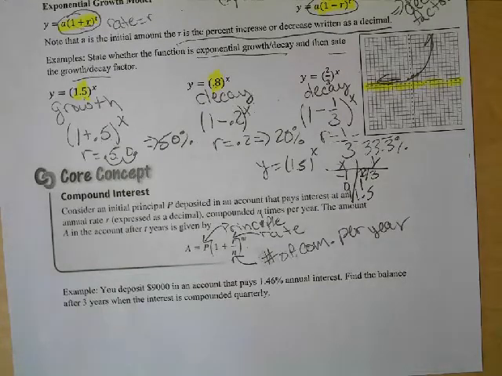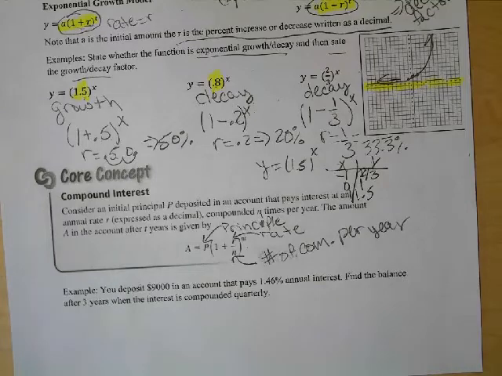So how many times a year would this be compounded? Once. This is compounded quarterly. How many times would it be compounded? 4 times. This is compounded monthly. How many times? 12. This is compounded biannually. How many times? Twice, 2 times in the year. So you just kind of have to look for stuff like that.